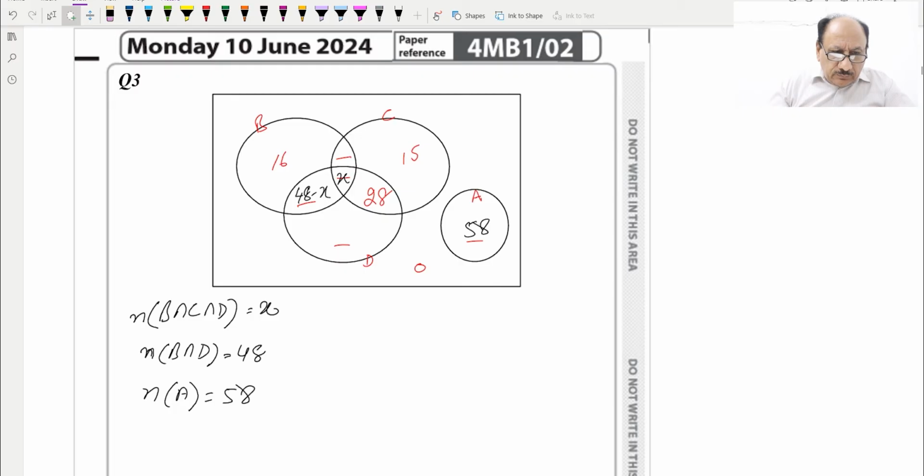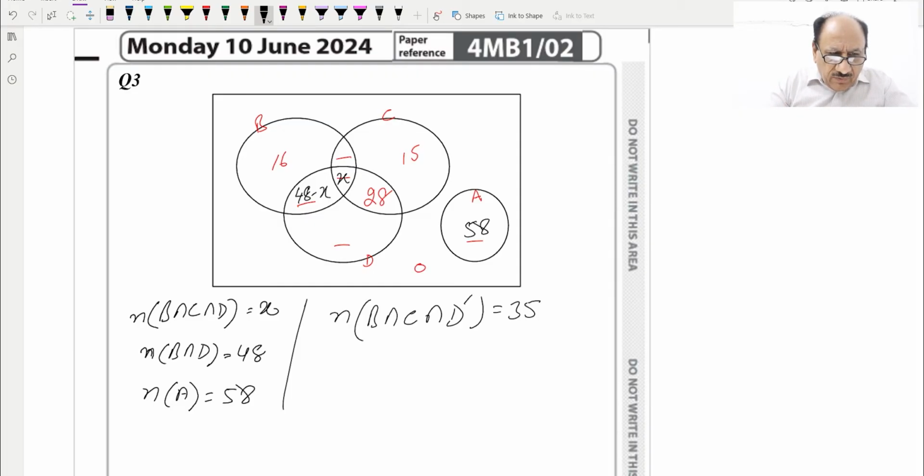Then the next thing which we'll have to show is n of B intersection C intersection D complement is equal to 35. So B intersection C, excluding D, is 35.